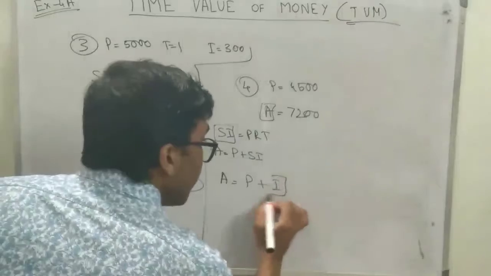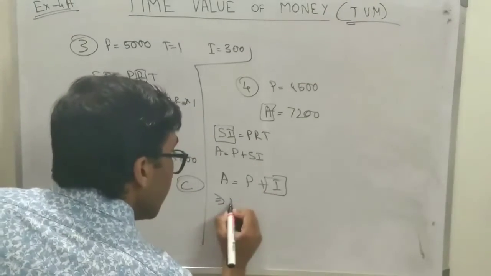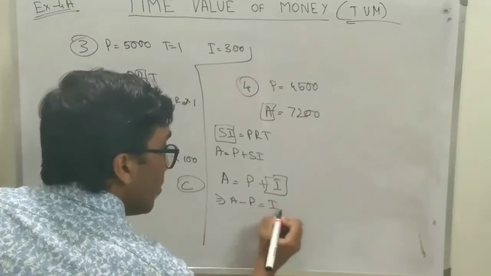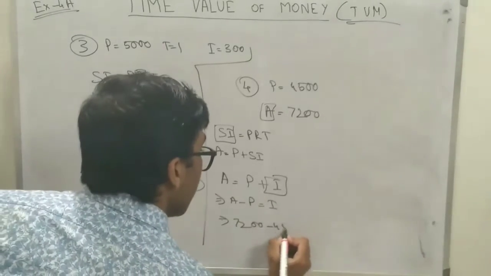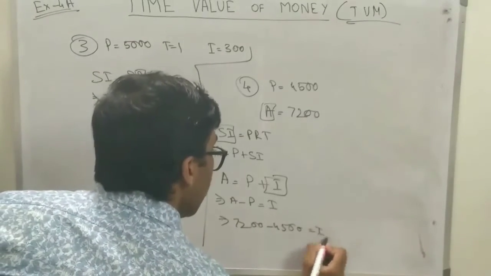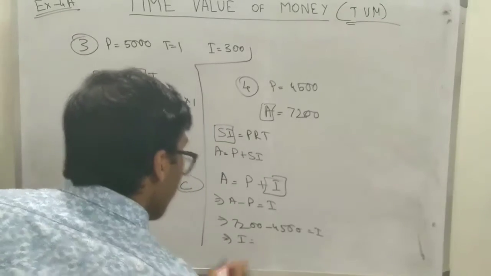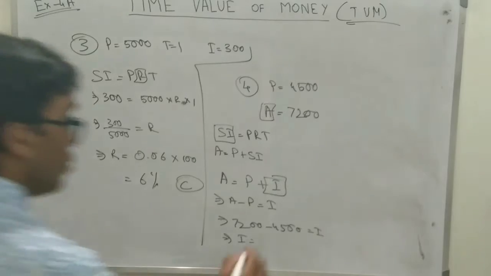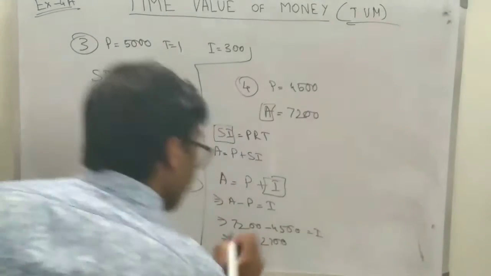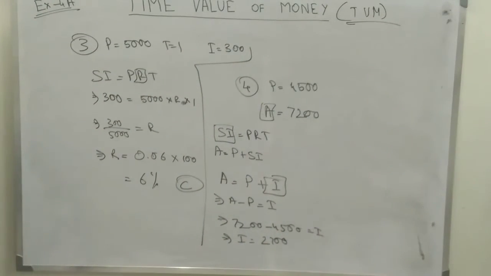That means the interest amount is not given. That means A minus P is equal to I, which comes to 7200 minus 4500. Your interest amount will be 2700. That means option number D.